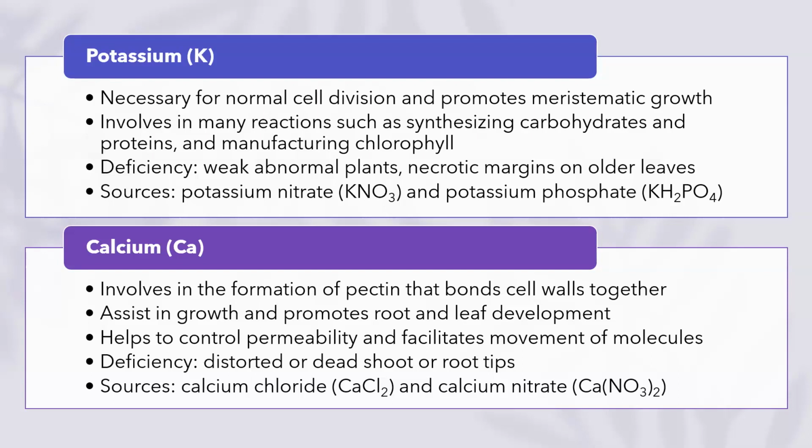Distorted or dead shoot or root tips can be a sign of a lack of calcium. Calcium is usually included in tissue culture media as calcium chloride or as calcium nitrate. Calcium phosphate is also sometimes used.